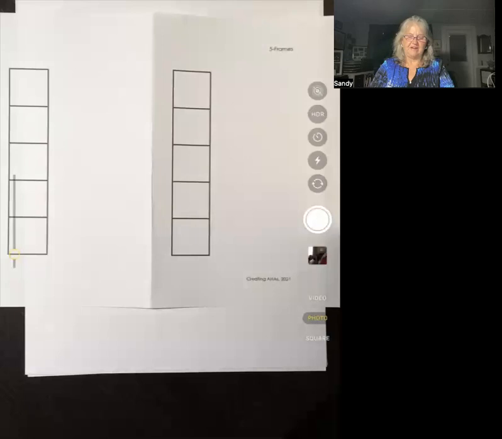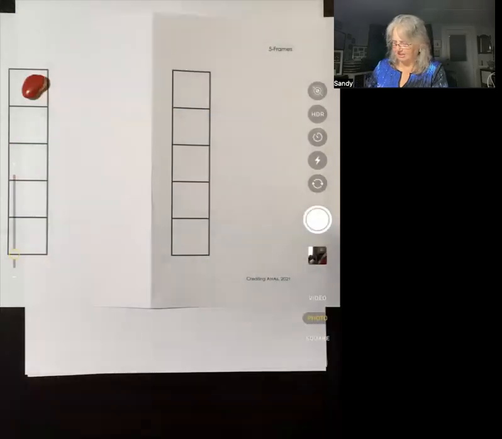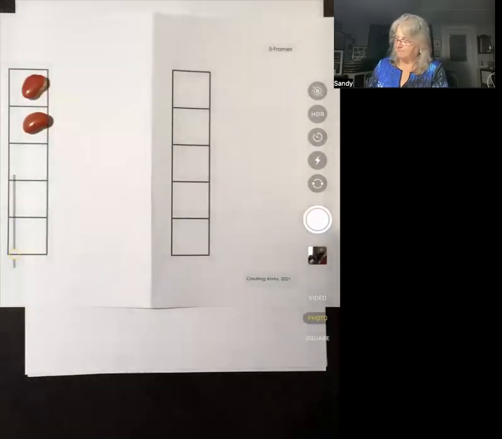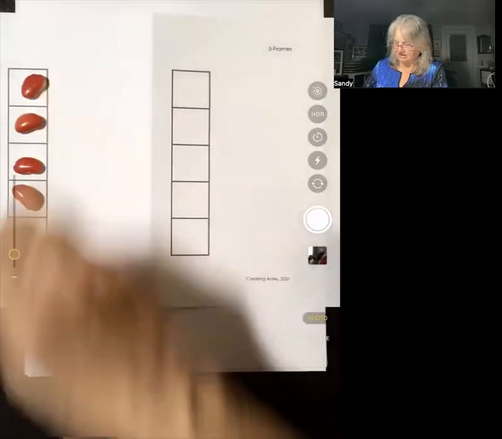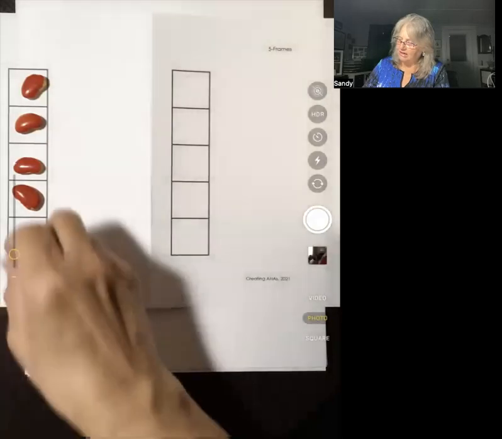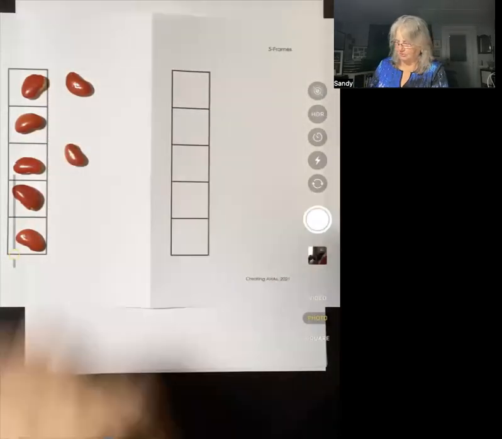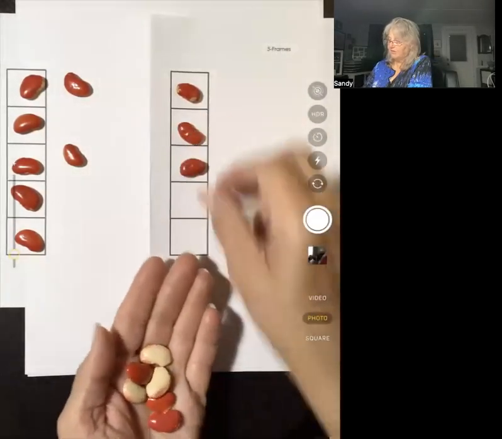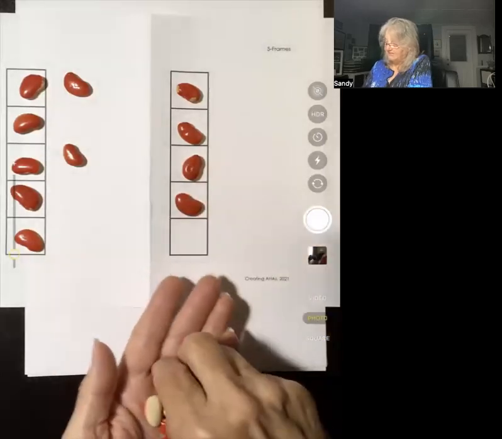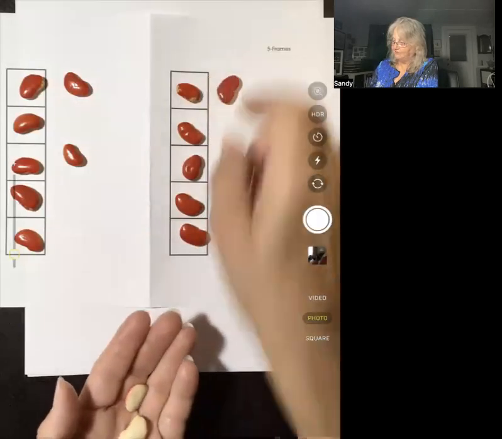Now, I'm going to use the 5-frame to show you again, if you've got a chance to watch that video, just to revisit this whole idea of the 5-frame and how it becomes important for the strategies. So in grade 1, we're going to want your child to know what double 7 is. Now they can memorize 7 plus 7. And if they know that, that's fantastic, because knowing facts is very helpful.